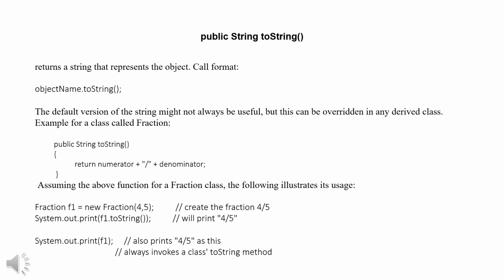The default version for this method is, as you see here, public String toString, and then return numerator plus slash plus the denominator. That's the default version of the method toString.